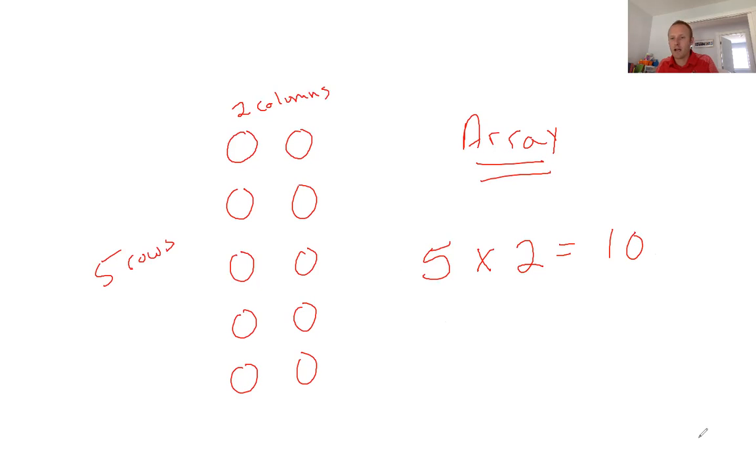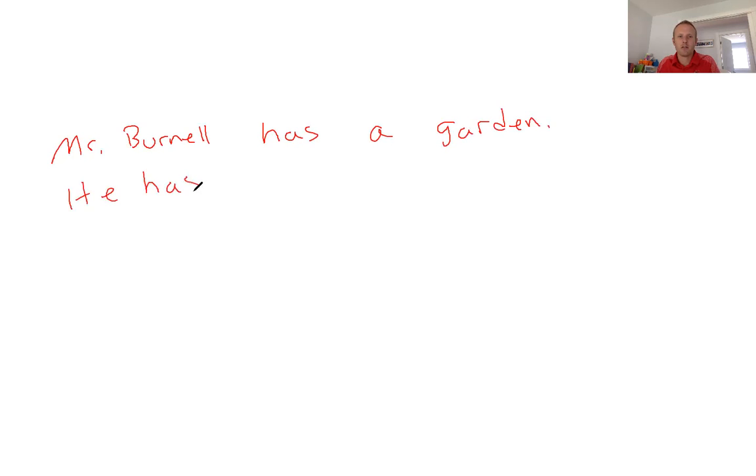Now, you're going to have word problems that are going to say something like, Mr. Burnell has, let's say, a garden. He has 4 rows of, let's see, what am I planting? Strawberry plants, strawberry bushes.